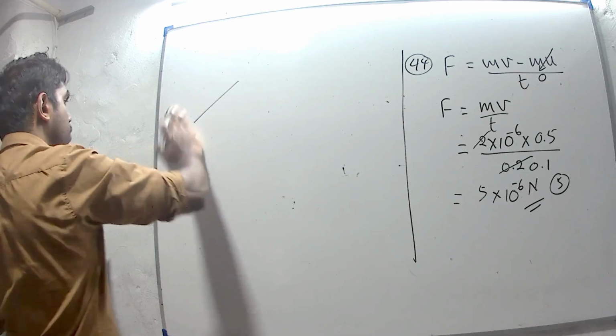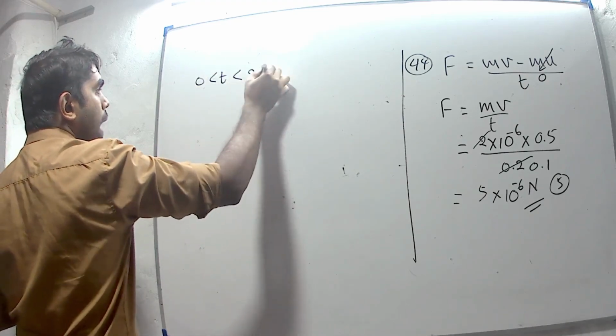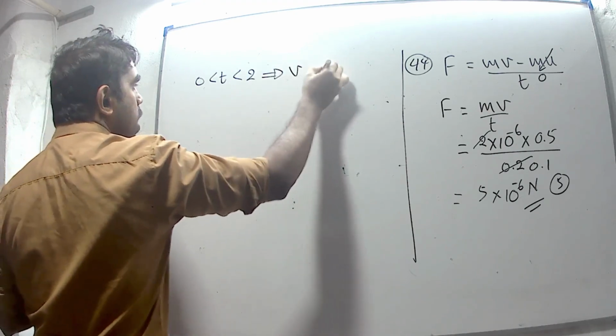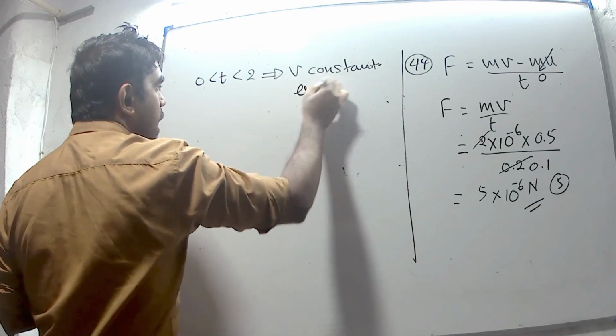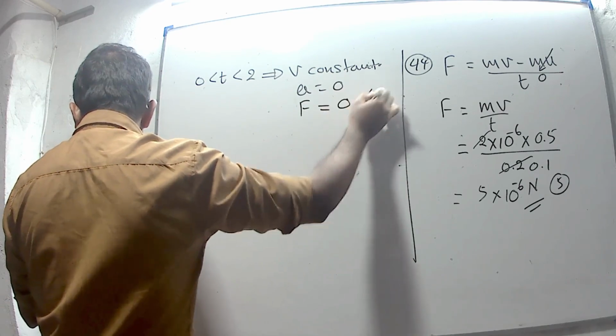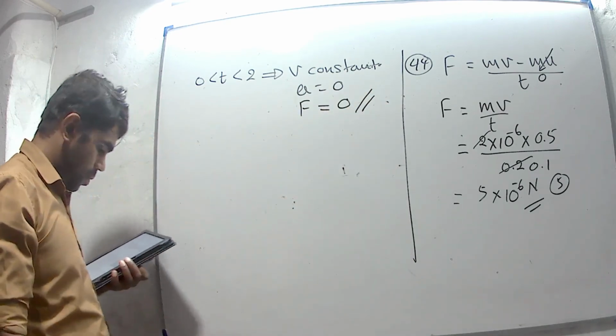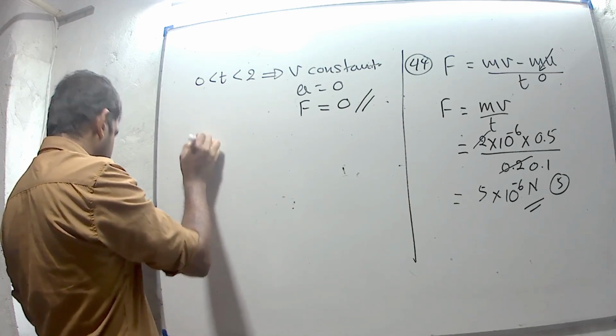When time is 0 to 2, v is constant. Therefore, acceleration is 0, and then the external unbalanced force is also 0. We can now consider the time interval 2 to 4.